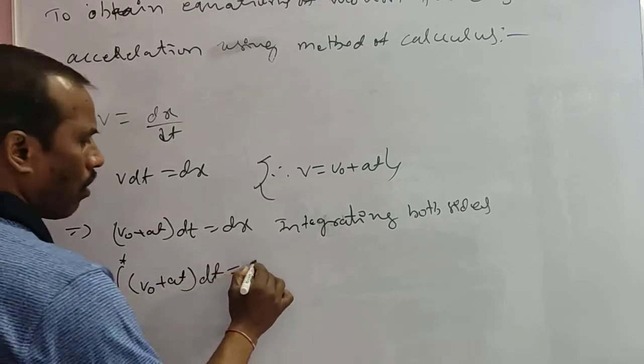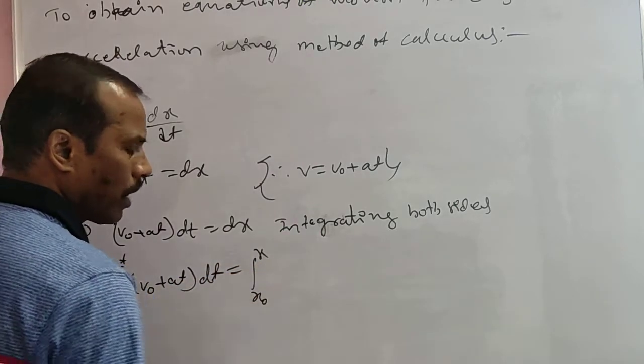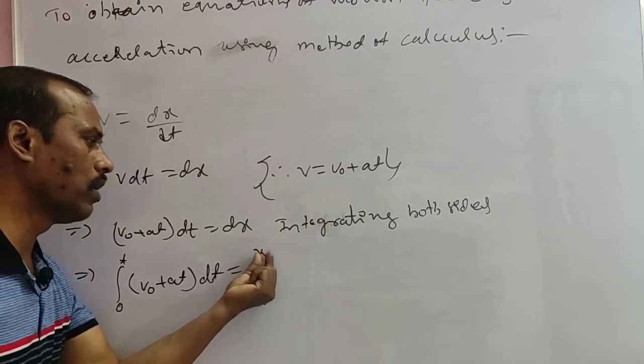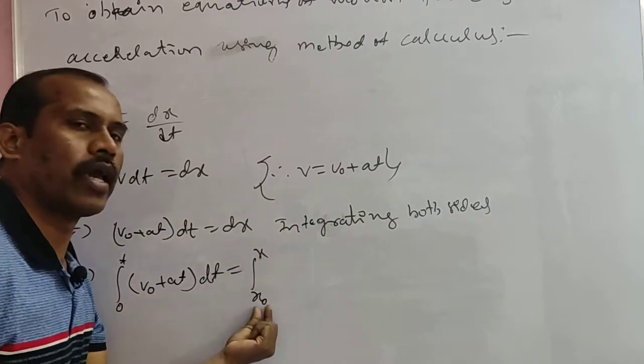Upper limit x, lower limit x naught. This is the initial position, and this one is the final position.